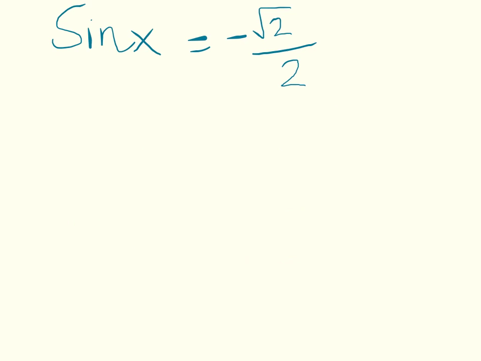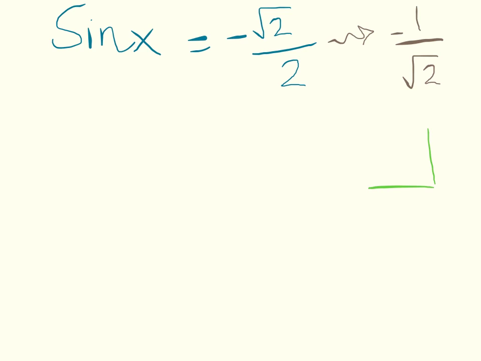Sine x equals negative root 2 over 2. Which triangle is that? It is a special triangle. Well, I need to think. Before I rationalize and get negative root 2 over 2, that was negative 1 over root 2 originally. So that tells me the hypotenuse is root 2. Yes, after we rationalized, we got this, but you always need to refer back and think, which triangle am I in?